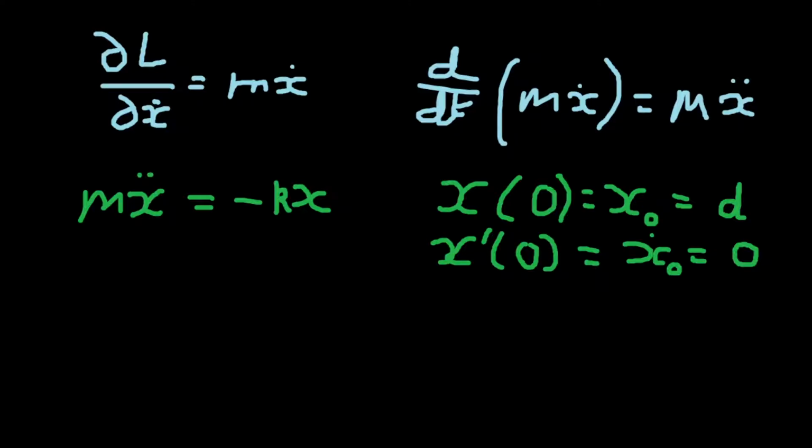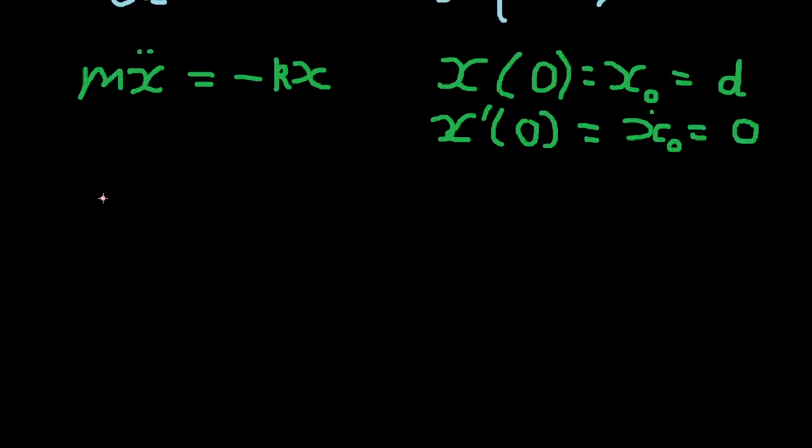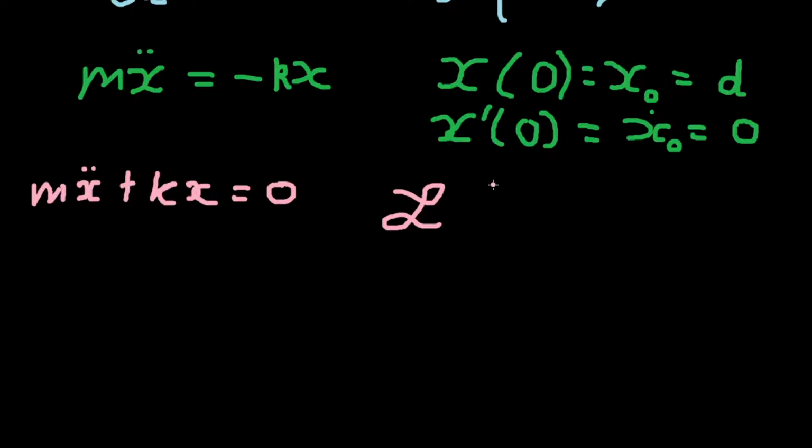And what I'm going to do is actually use the Laplace transform to solve this. To do that, I'm going to write these both on the same side. I'm going to get m x double dot plus kx is equal to 0. And we're going to take the Laplace transform of both sides.